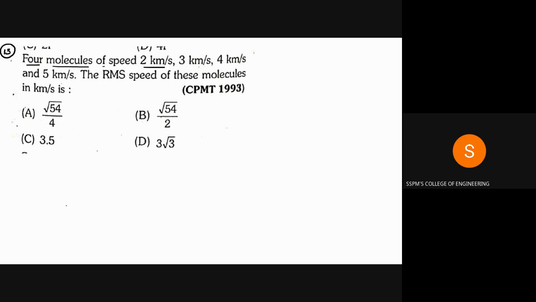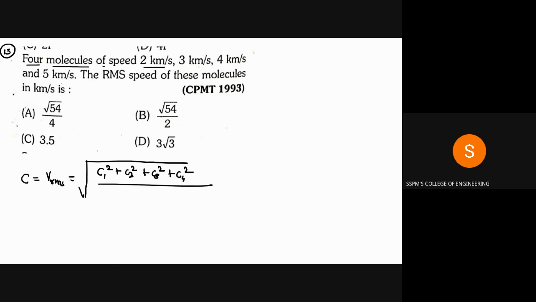So for the RMS speed, if the speed of each individual molecule is given, then we can use this formula: C or V RMS is equal to square root of C1 square plus C2 square plus C3 square plus C4 square divided by the number of molecules, that is 4.